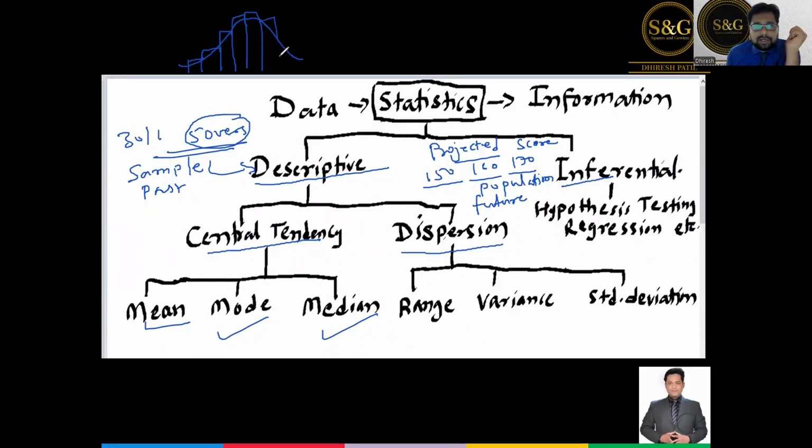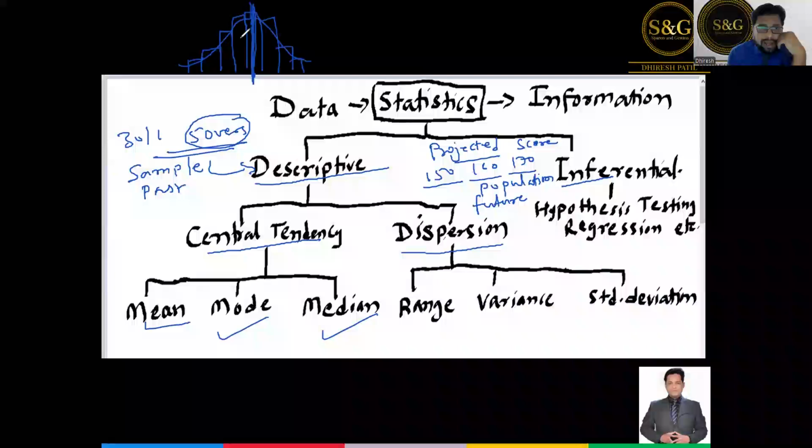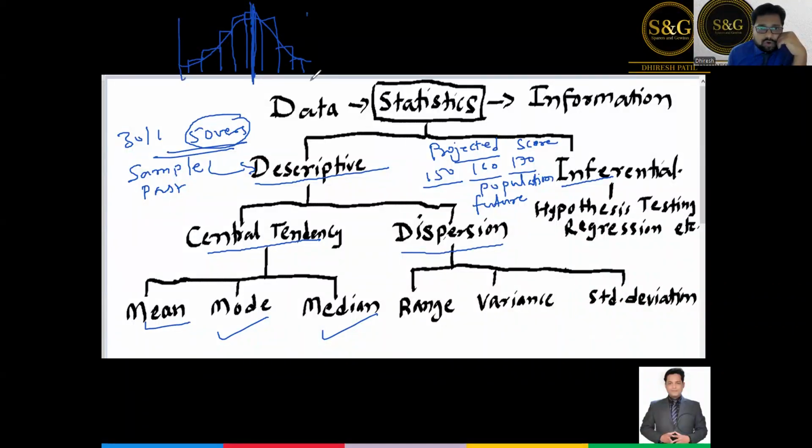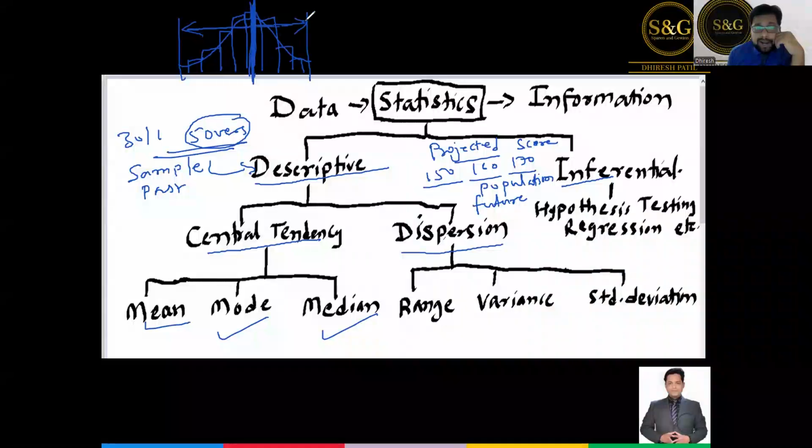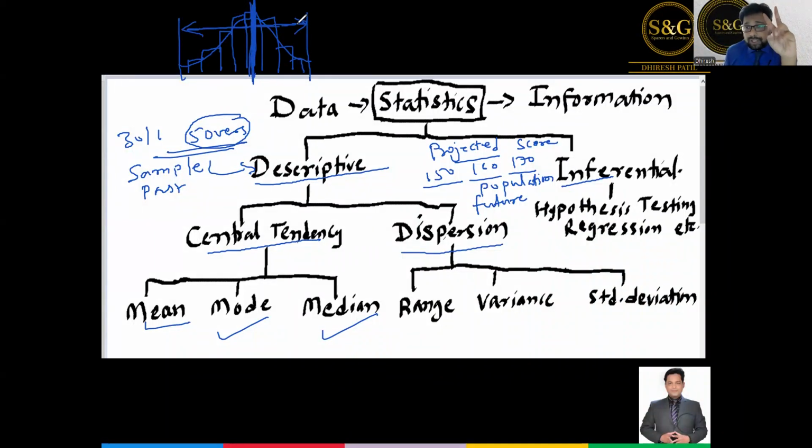When we do the Minitab exercises, we will see this. This is called the center of the data, and this one is called the variation, dispersion, or the spread of the data. So this one is the center and this is the spread, and both are important. I'll show you why both are important.